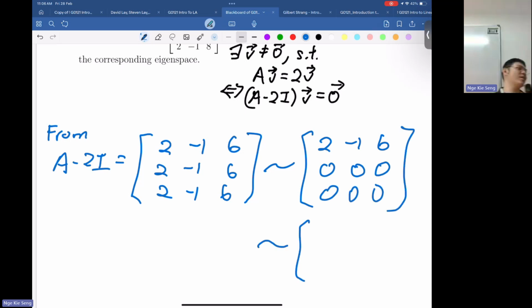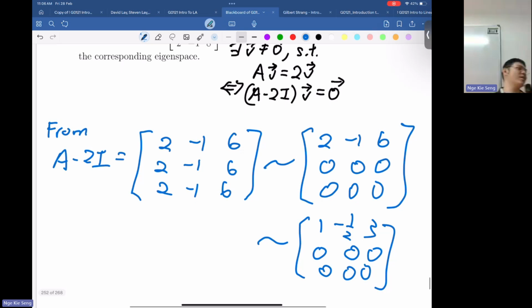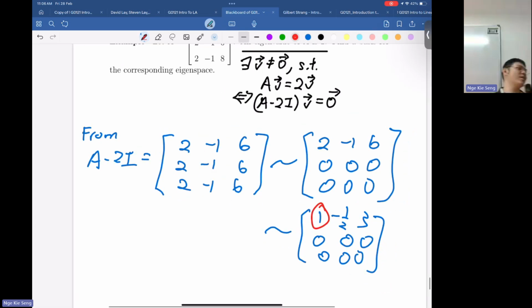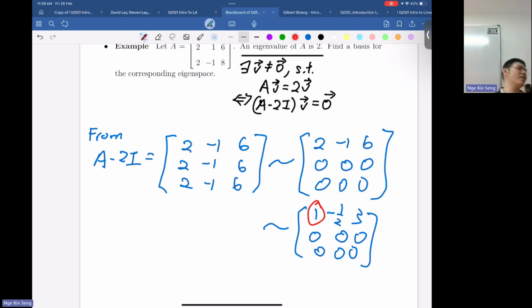And then you find your pivot. So what did you see here? You see that there is only one pivot, and your V2 and V3 are free.